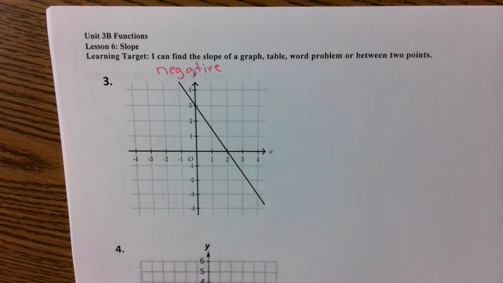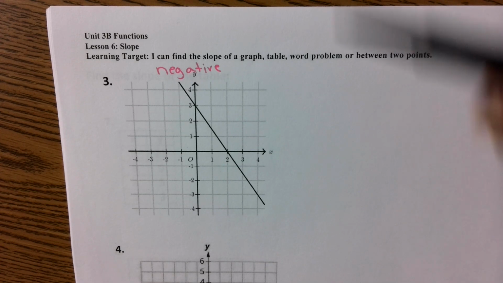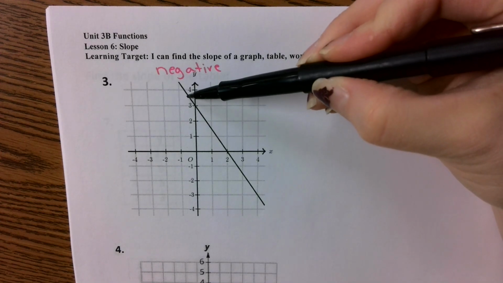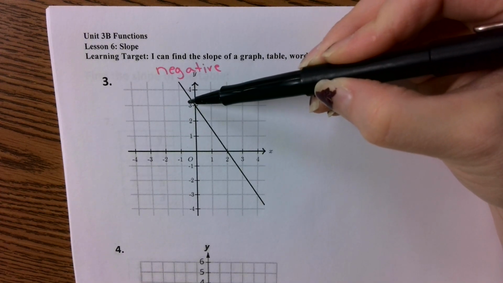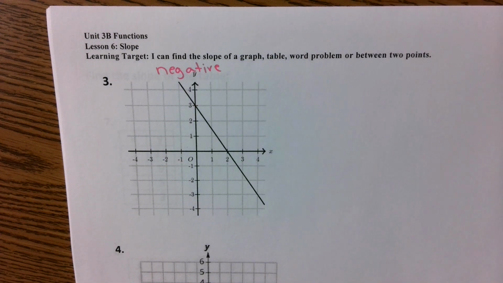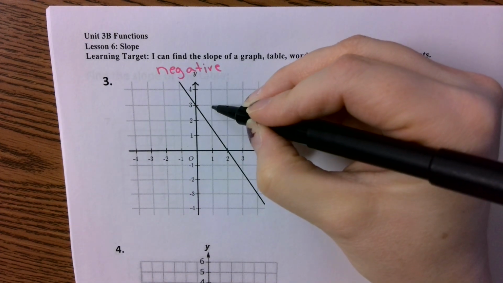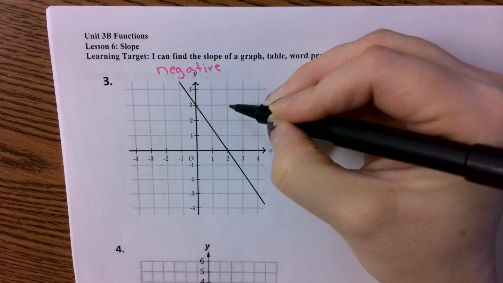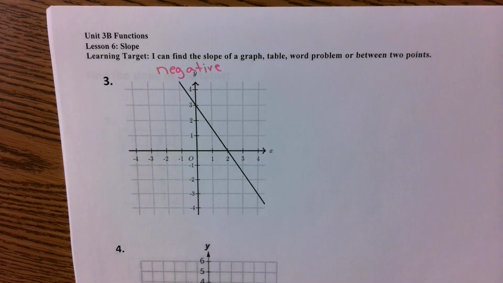2 points on the graph. Now remember, when we're picking points, we need to make sure that we are picking points specifically that are going to cross over the grid at a perfect position. So for example, I would not pick my point to be right here because that's not perfectly positioned. I need to pick it to where it crosses that grid mark. See, the grid marks each intersect at a specific spot. You want to make sure that your line is crossing over one of those specific spots.